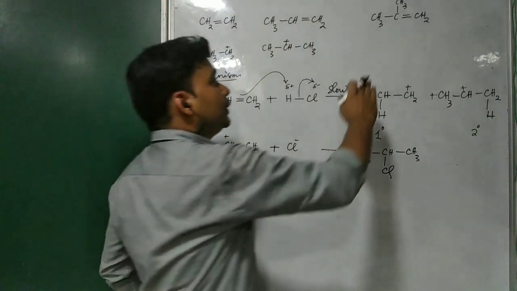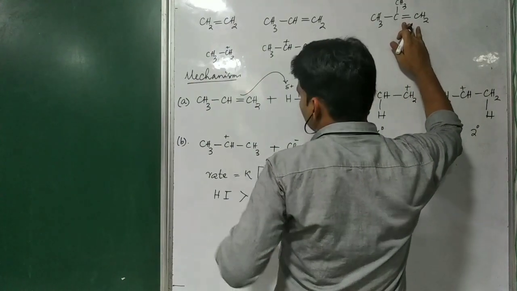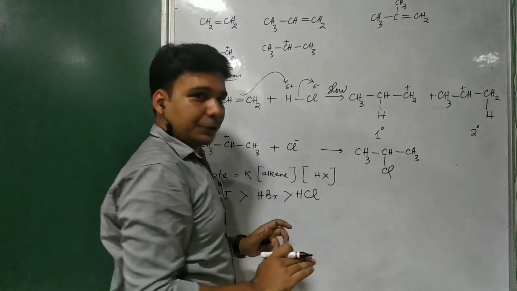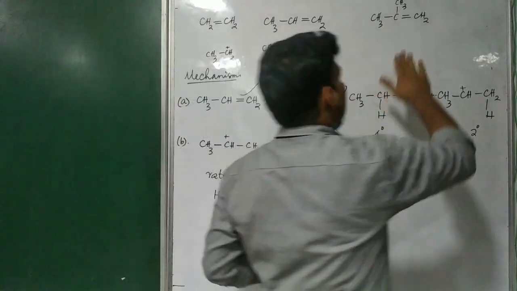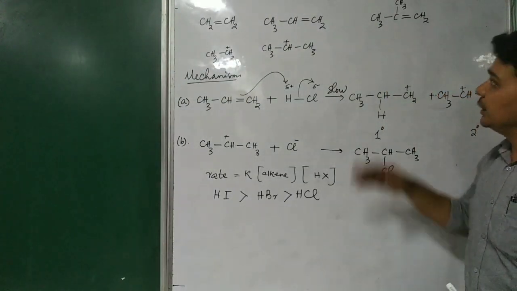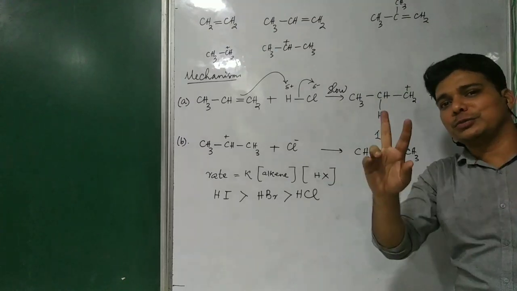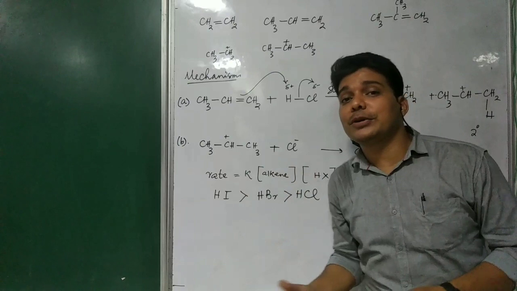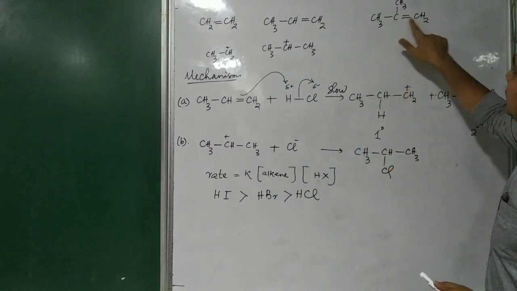Okay, and when this alkene participates in this reaction, as it is an unsymmetrical alkene, here also there are possibilities of formation of two carbocations. And again, we need to think about the more stable carbocation. These are the doubly bonded carbons.